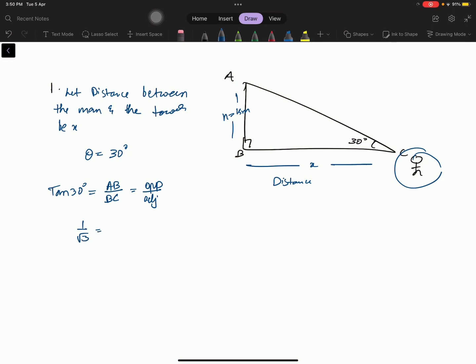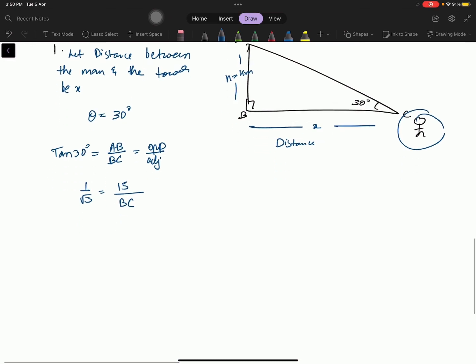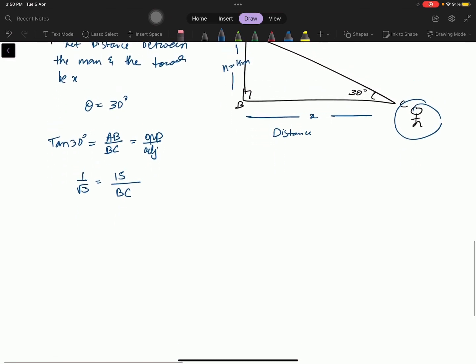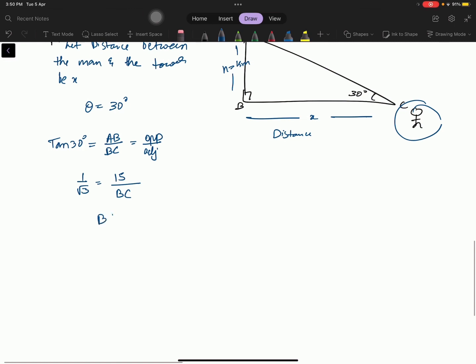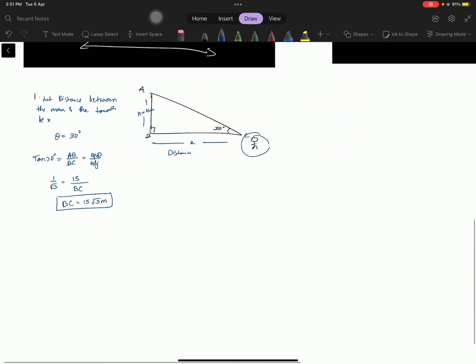AB is h, which is 15 meters, and BC is x. You can directly write it as BC or as x. Cross multiply them, and we get BC is equal to 15 root 3 meters. It's as simple as that.